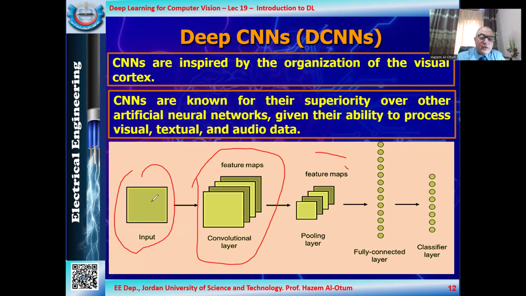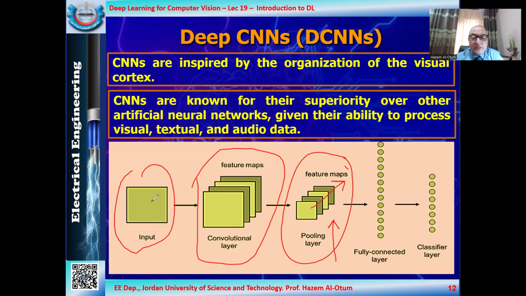Then we have another important part of the CNN called the pooling layer. Here we mainly try to reduce the spatial and temporal information and increase the feature information, which we call the feature maps.